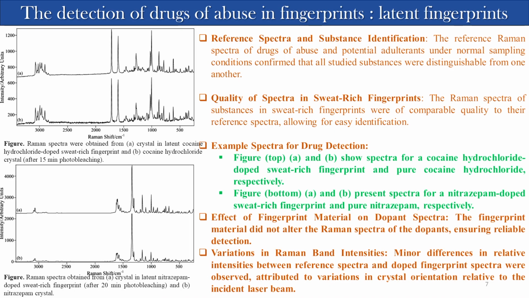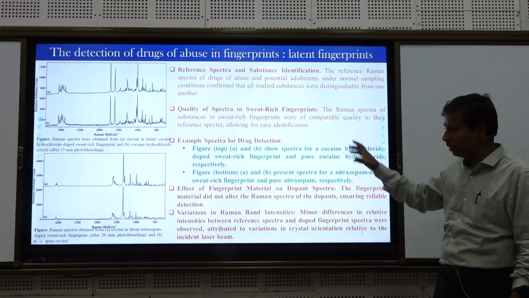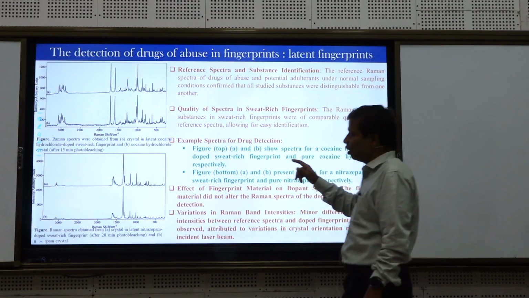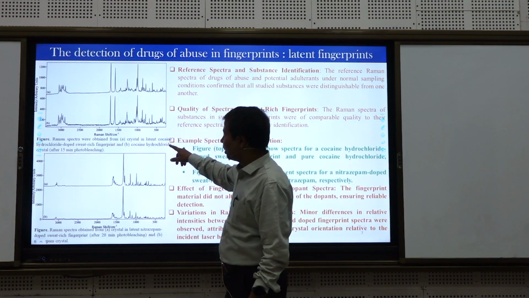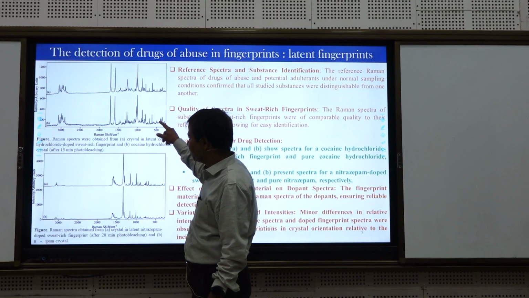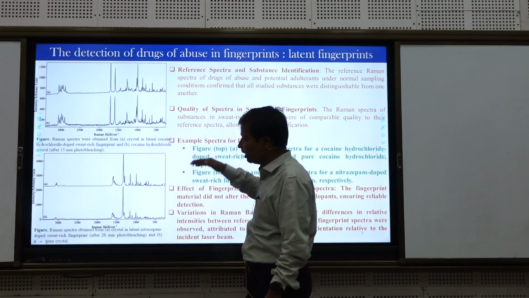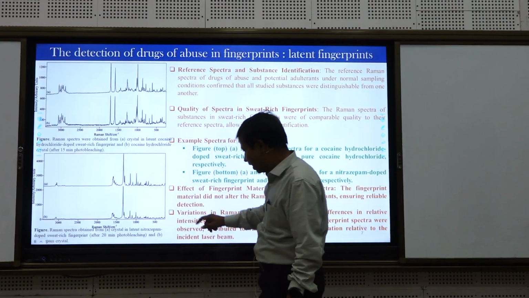So if somebody has taken cocaine and that cocaine is sticking to your finger and you have used that finger for any purpose, anywhere you touched, then from that fingerprint one can analyze the cocaine. These are cocaine hydrochloride crystals after 15 minutes of photobleaching. Photobleaching is mainly necessary for bleaching the fluorescence, and this one is with the fingerprint.